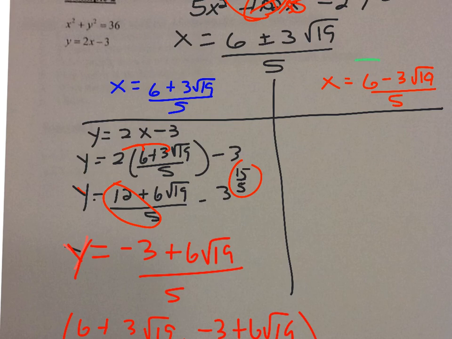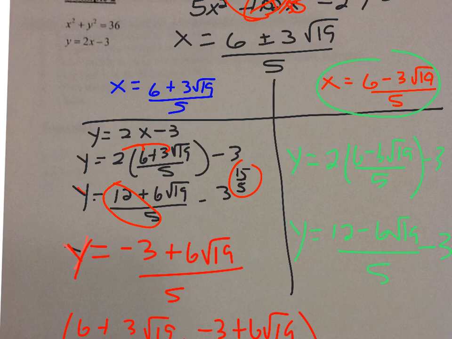So we're plugging in now this x value. So I have y equals 2 times (6 minus 3 times the square root of 19) over 5, minus 3. So I distribute the 2, so I get y equals 12 minus 6 times the square root of 19, over 5, minus 3.